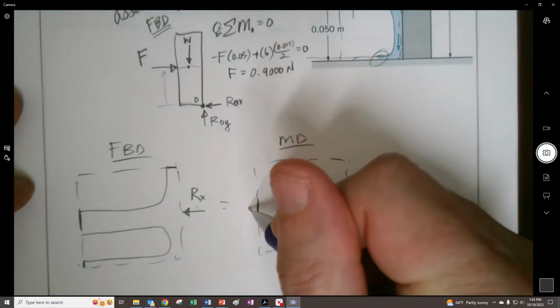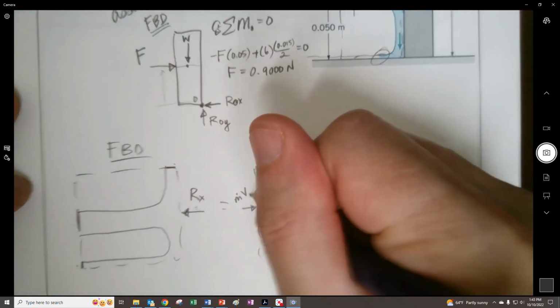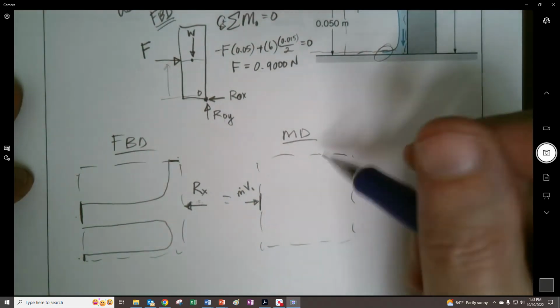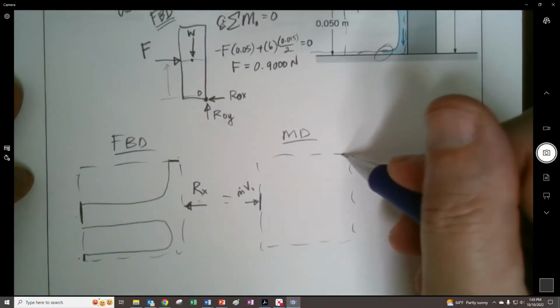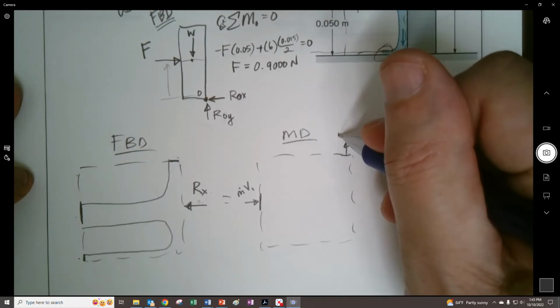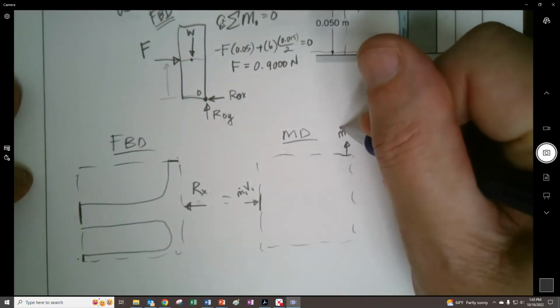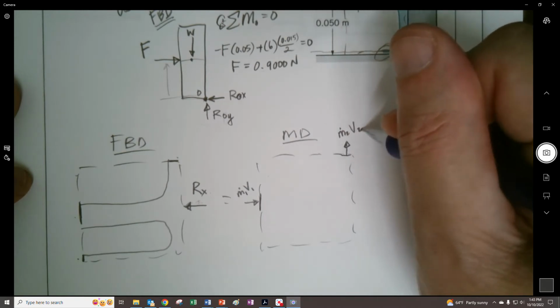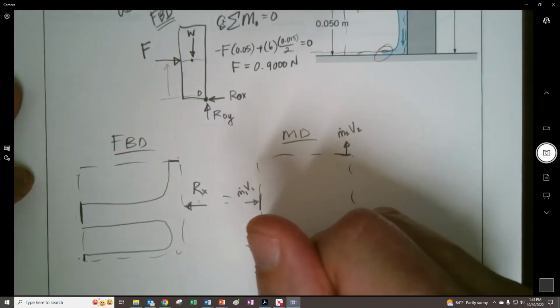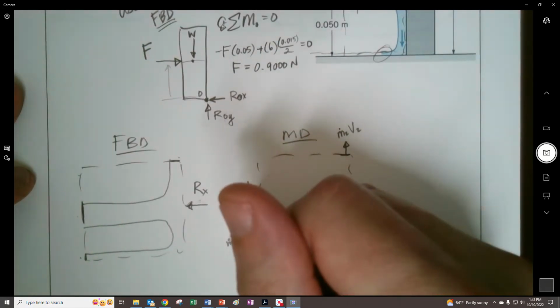Through this control surface, we have m dot 1 and V1 coming into it. Coming out, we have m dot 2 and V2, and coming out of that control surface, m dot 3 and V3.